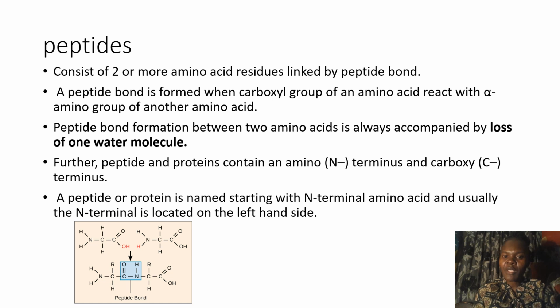The amino terminus is always at the left, and the carboxyl terminus of another amino acid follows, so we release a molecule of water. A peptide or a protein is named starting with the N-terminal, on the left-hand side, and you read it as you go toward the carboxyl terminal end.